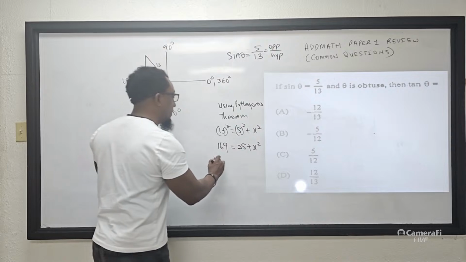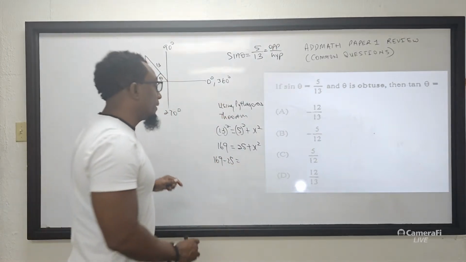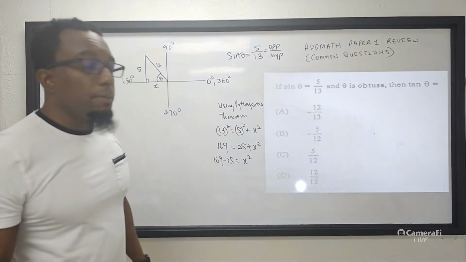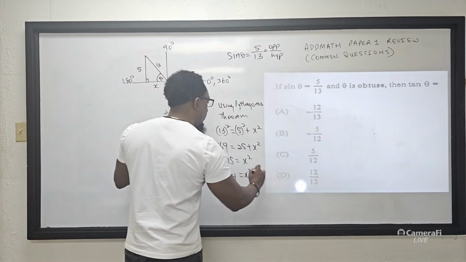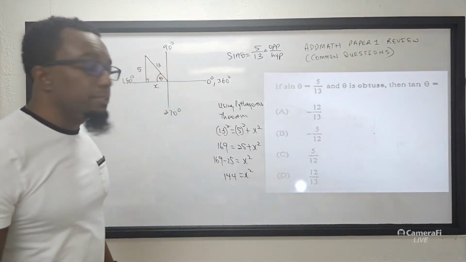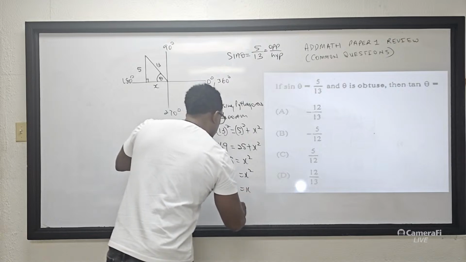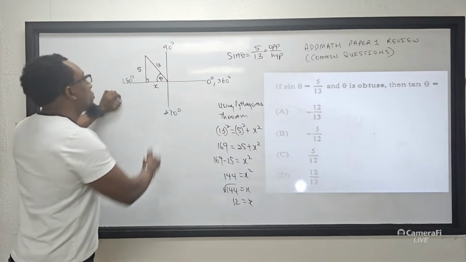This is 169. Positive 25 come across to the left, that's negative 25, is equal to x squared. 169 subtract 25 is 144 is equal to x squared, and therefore x is the square root of 144, which is 12. So I know that this side here will be 12.